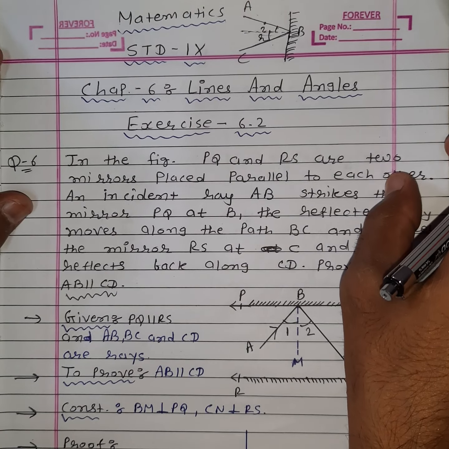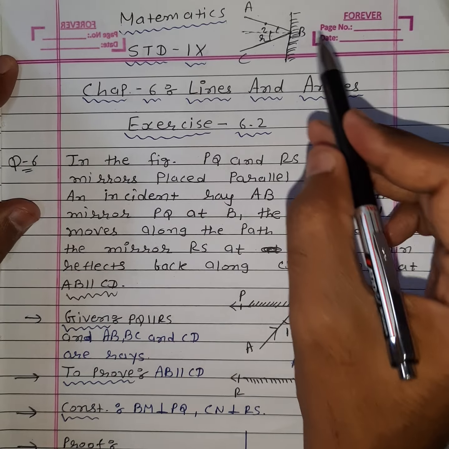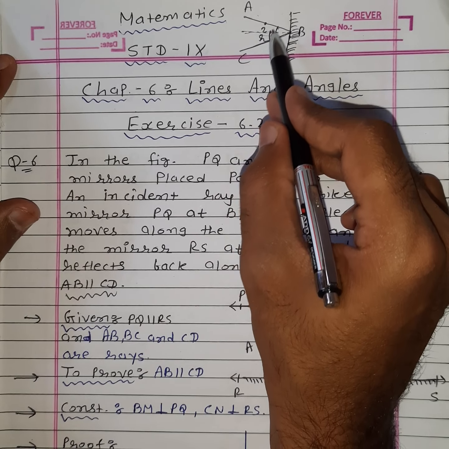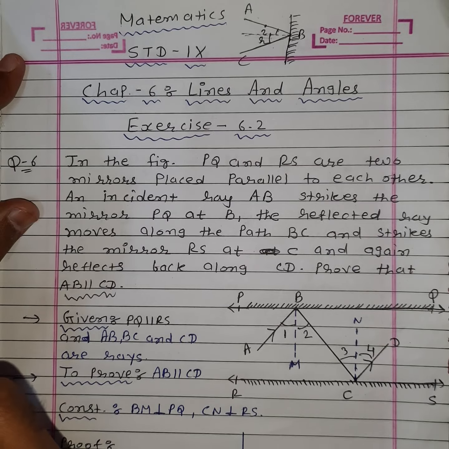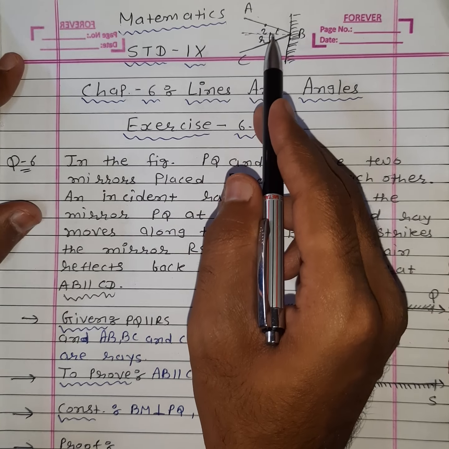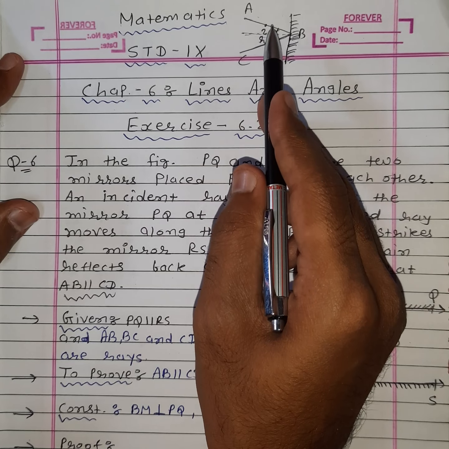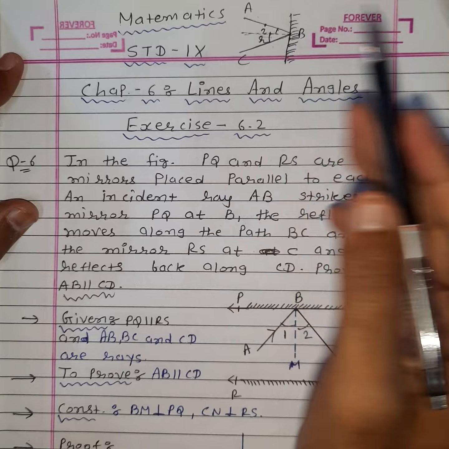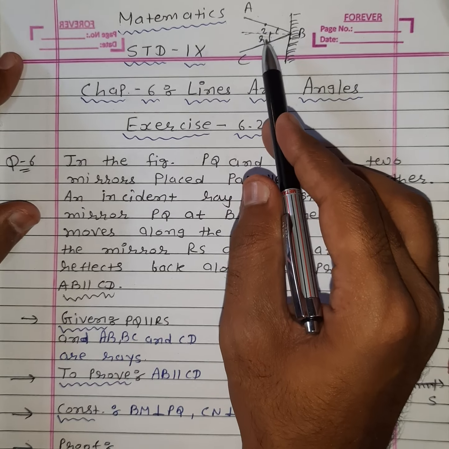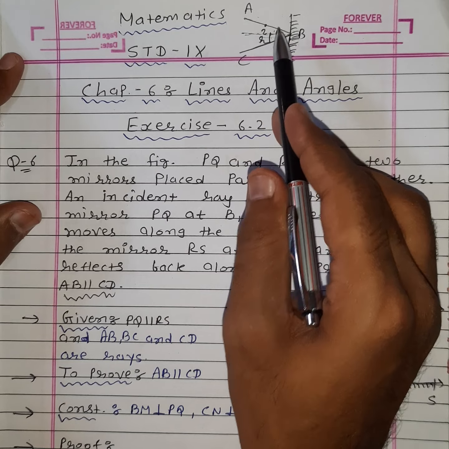And according to the laws of reflection that you have studied in your 8th standard, the angle of incidence and the angle of reflection are always equal, right? So you have to keep this concept in your mind: according to the laws of reflection, the angle of incidence and the angle of reflection are always equal to each other.